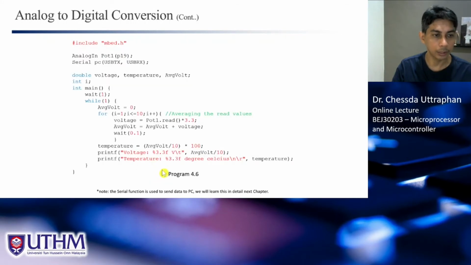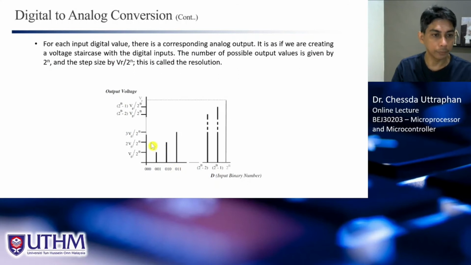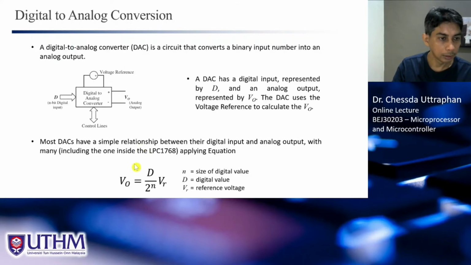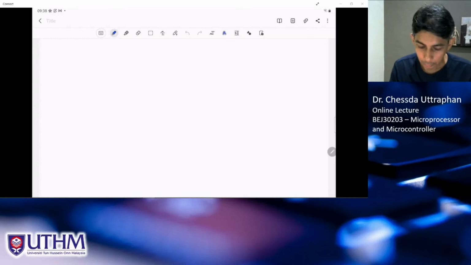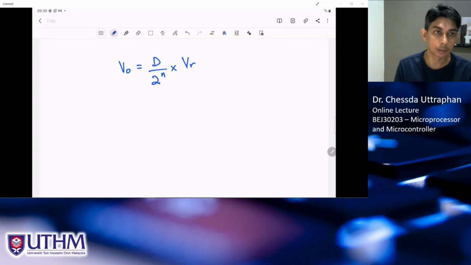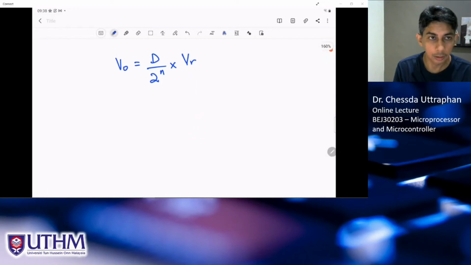This is straightforward. So for example, let's look at this. The formula is V out equal to D over 2 power of n multiplied by VR.